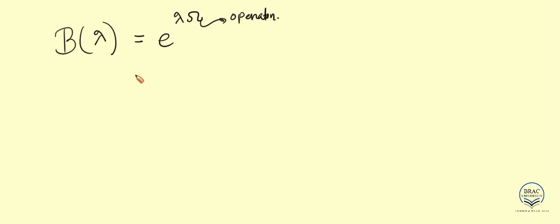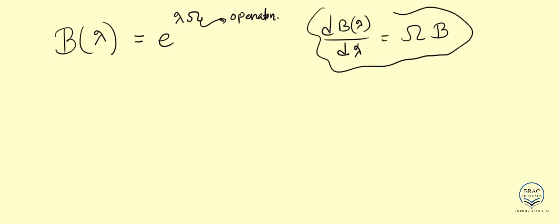And the way to take the derivative, because at first it may seem that if you just calculate dB, which is a function of lambda, this should give you omega times B. This is what you might think, but let's try to check whether this is true or not. So we want to put a question mark over here. So is this true?